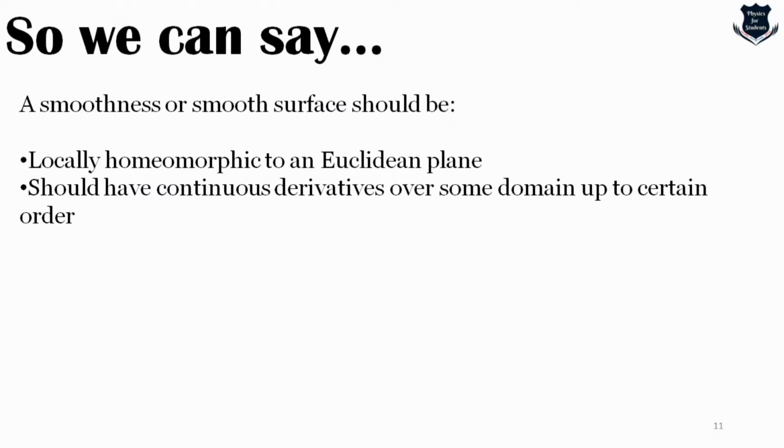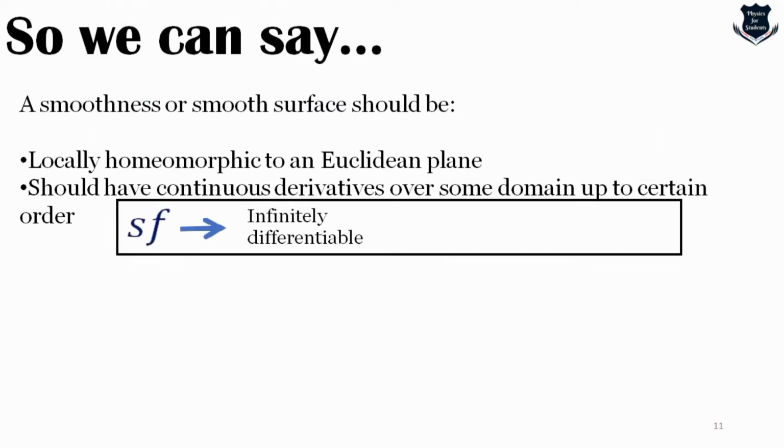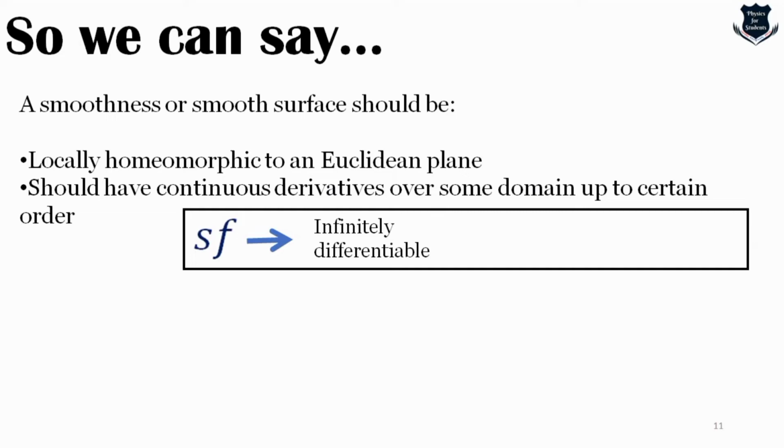Alternately, a function is infinitely differentiable at a point if its derivative exists and is infinitely differentiable at that point. It means that there is no limit to how often we can differentiate such a function. So if we take a function, say sf, which is a smooth function, it should be infinitely differentiable, and that is what is called a C-infinity function, which we will deal with later in this video.